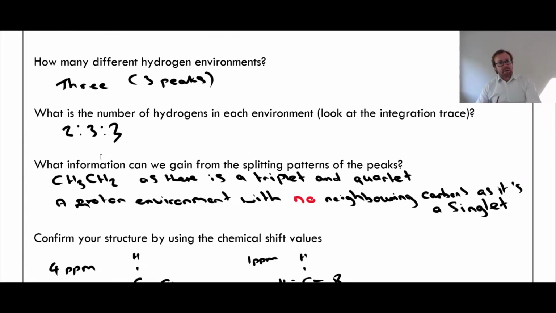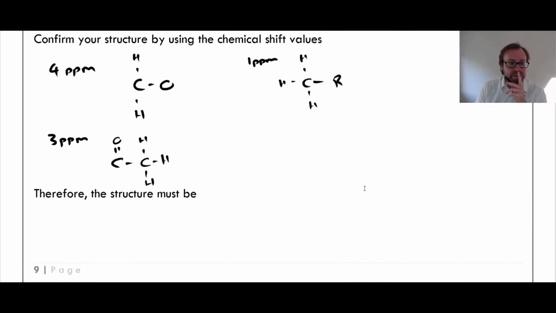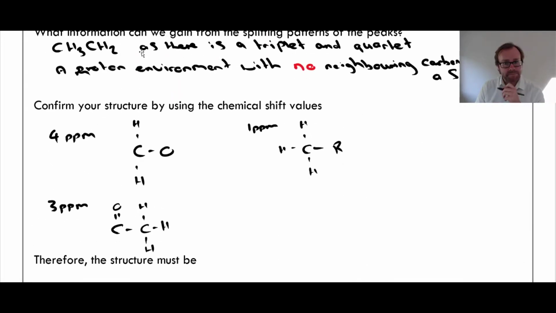Okay, so I'll now look at my chemical shift values. This is around 4 ppm, parts per million, so it's probably OCH2. This is nearly between 2 and 3, so it's probably C double bond O CH3. And this is my one way down, so it's probably the CH3 attached to my R group. So it looks like this.